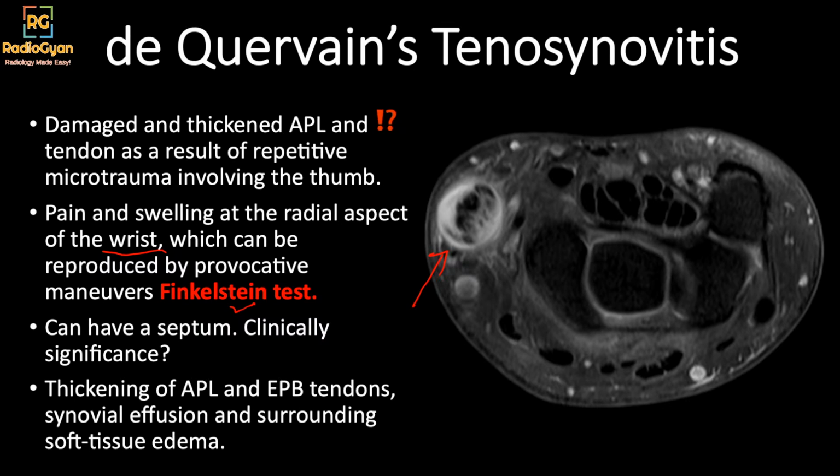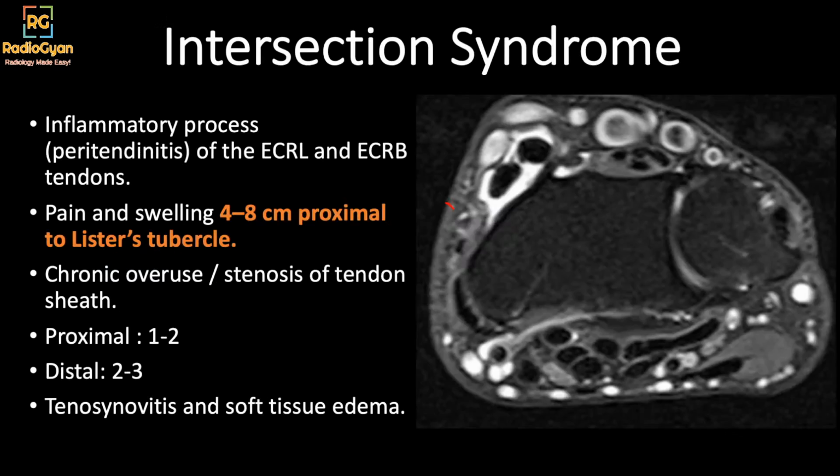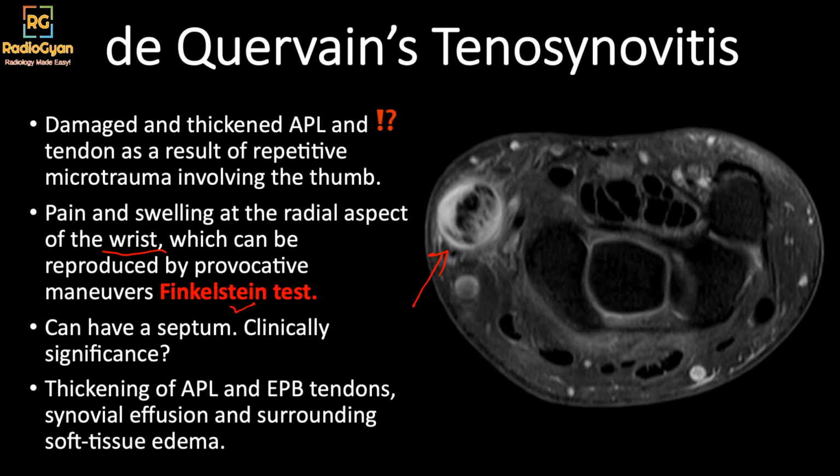So Rajat has rightly pointed out the extensor pollicis brevis tendon goes in the first compartment because it is a short tendon. Extensor pollicis longus is a long tendon because it's in the third compartment. So these two tendons can have a septum in between. Does anybody know the clinical importance of that from a management point of view?